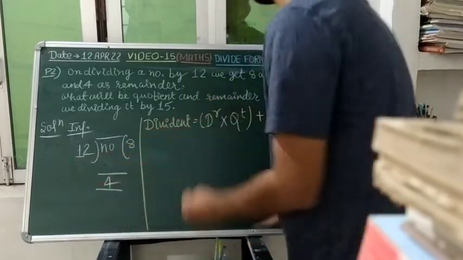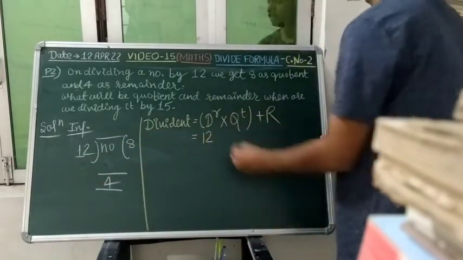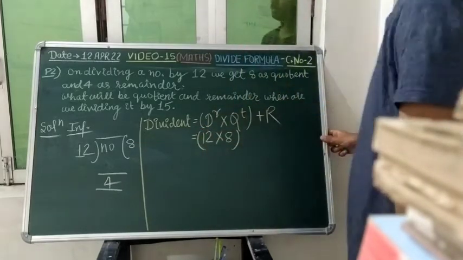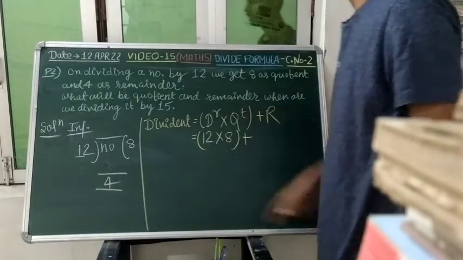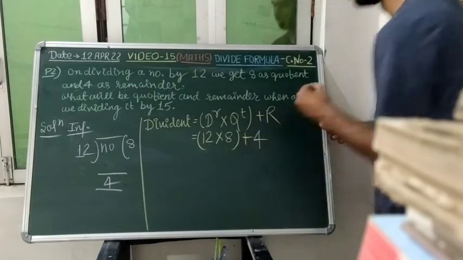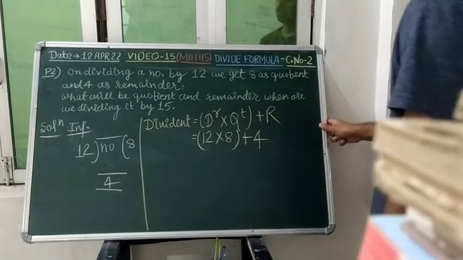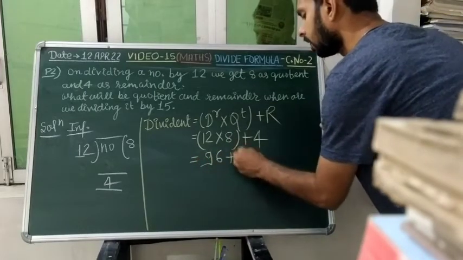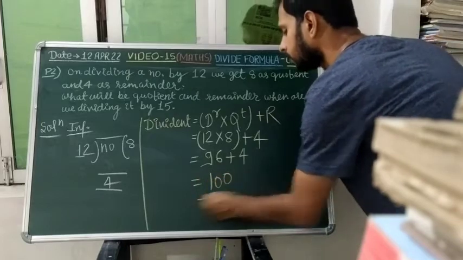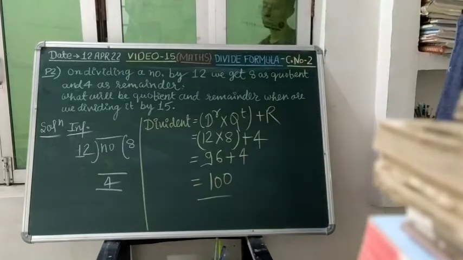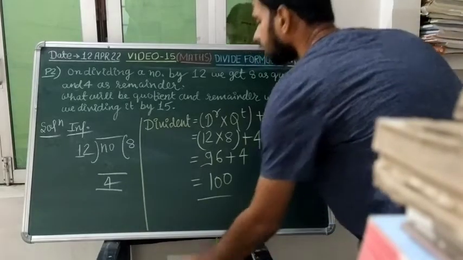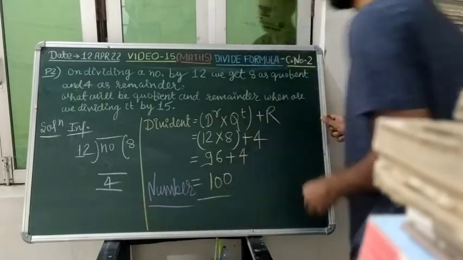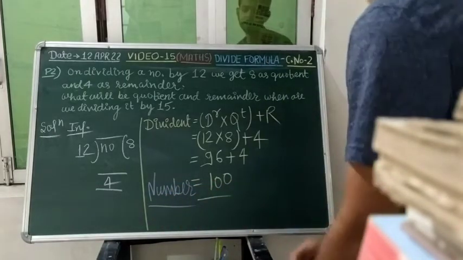Divisor is your 12, into quotient is our 8, plus remainder is our 4. So 12 8s are 96, plus 4 is equal to 100. So our first task has been completed, that we have come to know what the number is. The number will be 100.